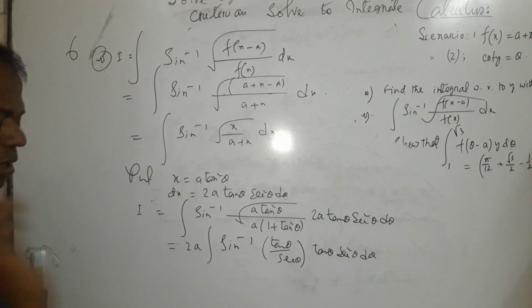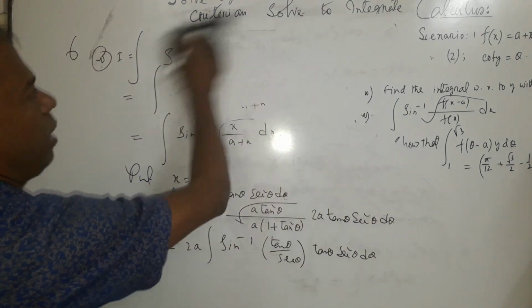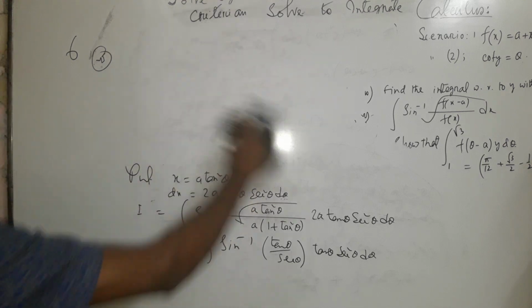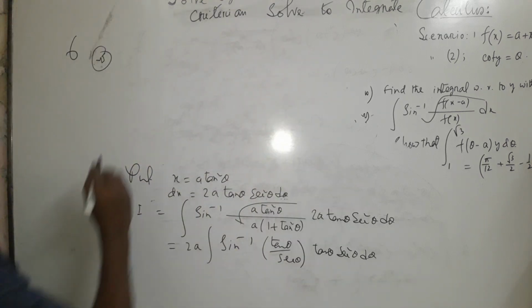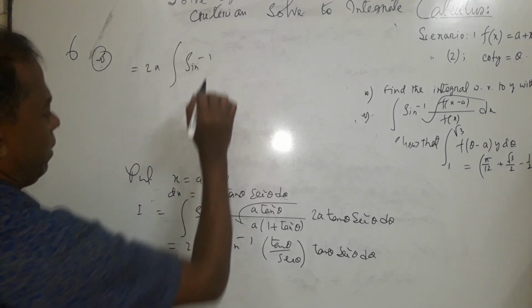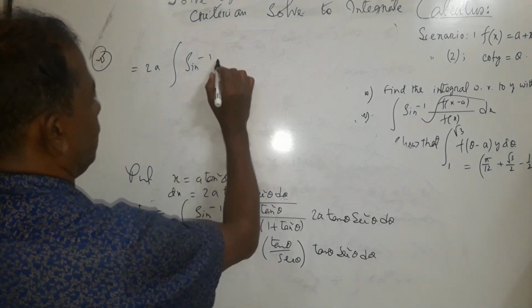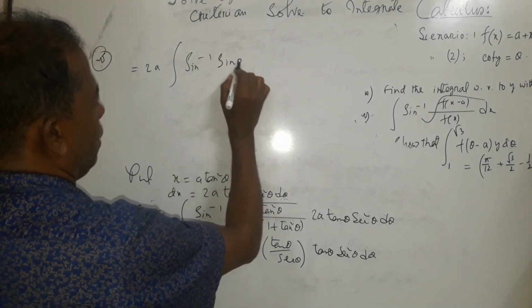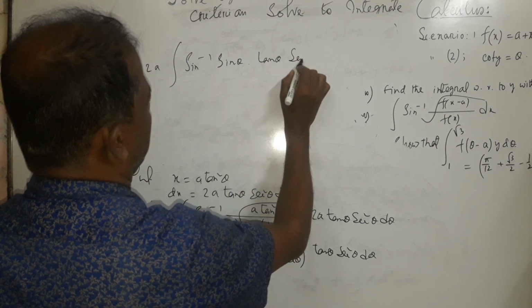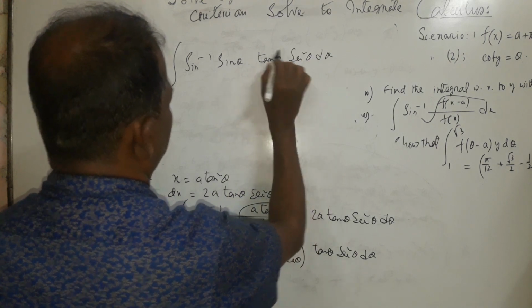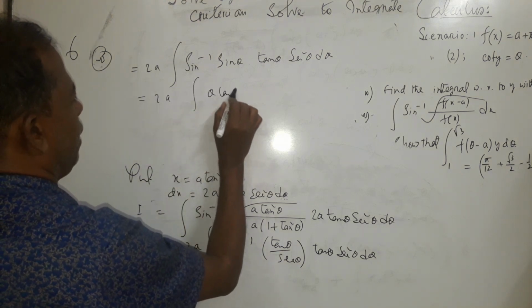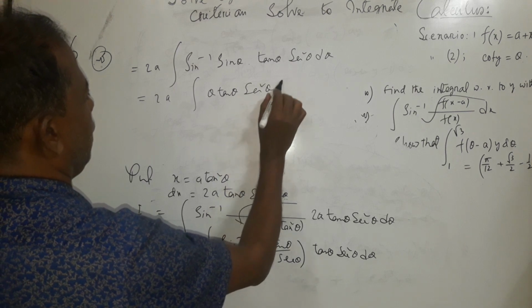That implies twice a, sin inverse of sin theta, times tan theta sec square theta d theta. So twice a, theta tan theta sec square theta d theta.